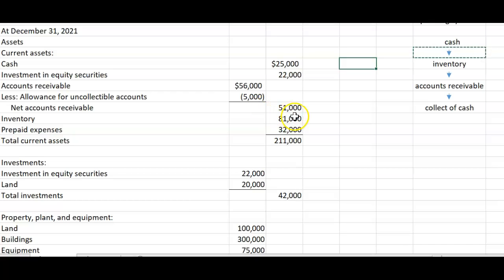So the net realizable value of accounts receivable is $51,000. And the prepaid expenses are given to us in the problem, and they tell us it's 12 months, so the full amount of prepaid expenses is $32,000.